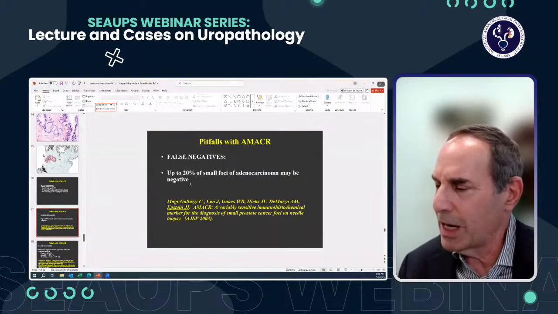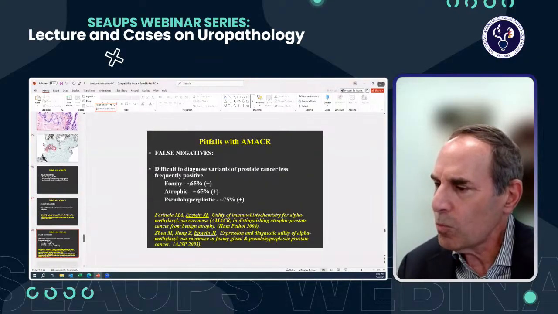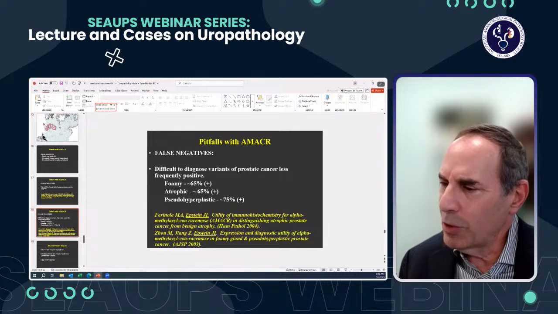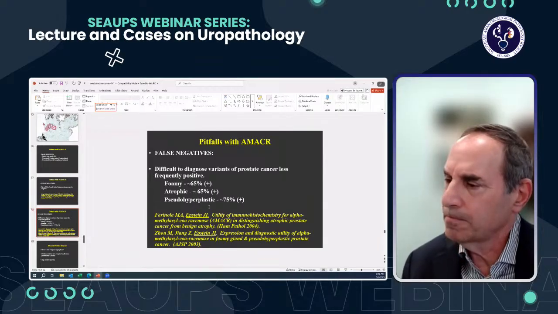So again, you still have to diagnose cancer in that setting. I mentioned some of the more difficult subtypes of prostate cancer: foamy gland cancer, atrophic prostate cancer, pseudohyperplastic cancer. Those cancers tend to not stain with racemase as much. So anywhere from 25 to 35% of these will be negative with racemase.